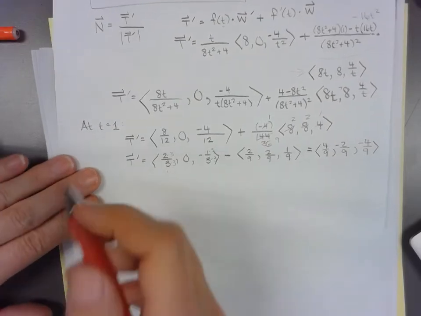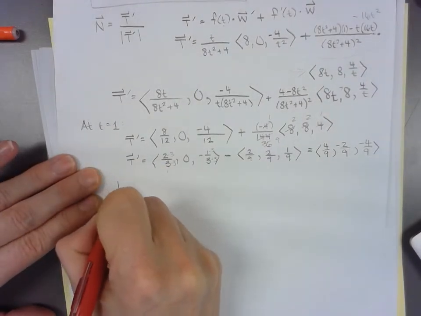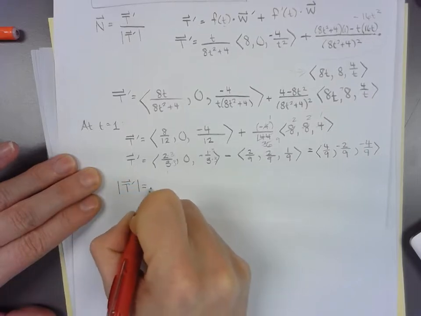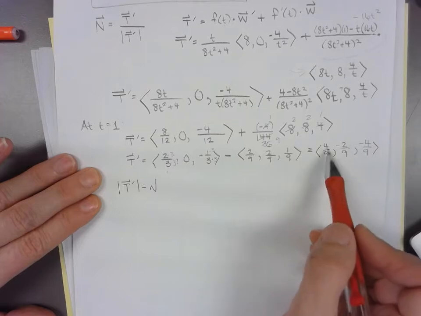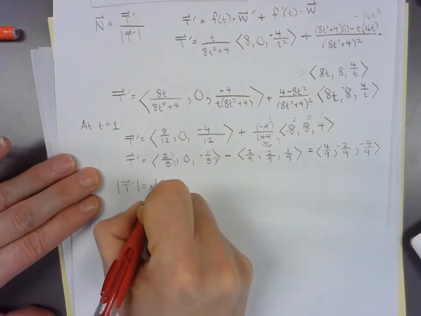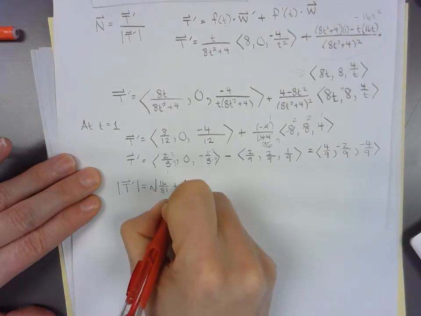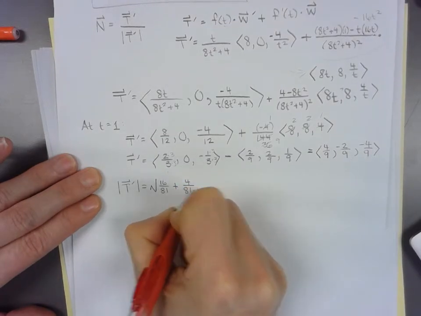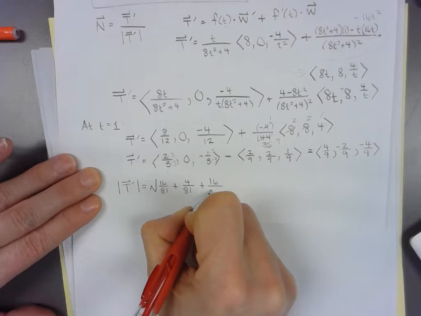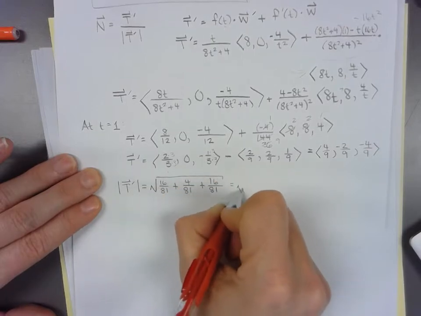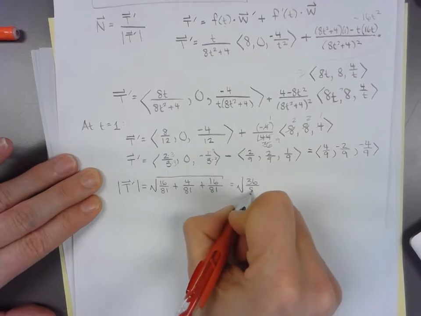And so then to find the magnitude of that, okay, just square everything. 16 over 81, 4 over 81, 16 over 81, 36 over 81. Both of those are squares.